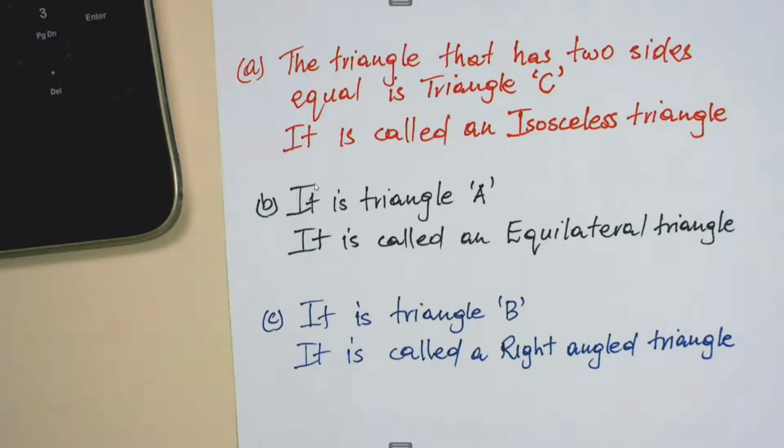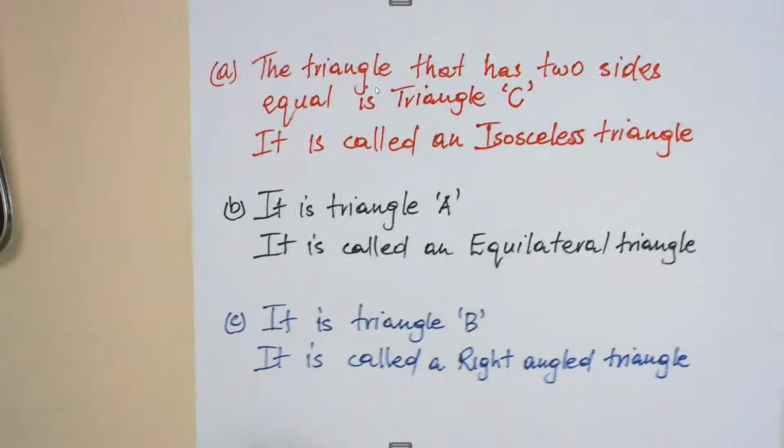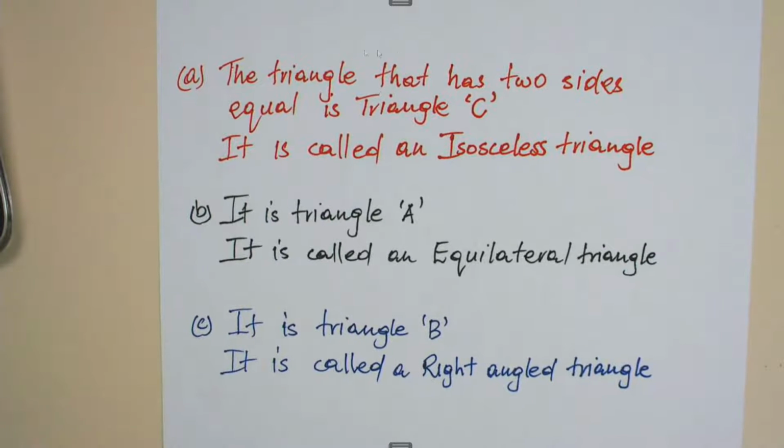So guys, these are our answers. The first one, we spoke about a triangle that has got two sides equal. It is called an isosceles triangle. And then we spoke about a triangle that has got all sides equal, triangle A, called an equilateral triangle.